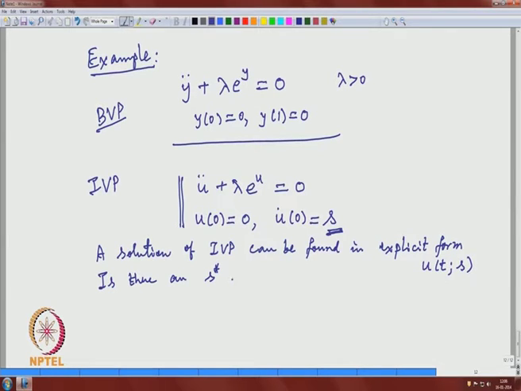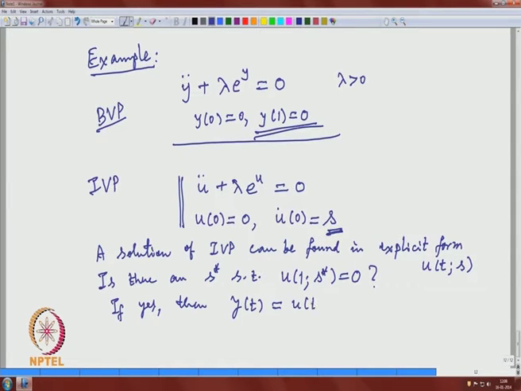Is there an S star such that u(1, S star) is 0, because that is the condition we want at t equal to 1? If yes, then y(t) equal to u(t, S star) is a solution of the BVP.